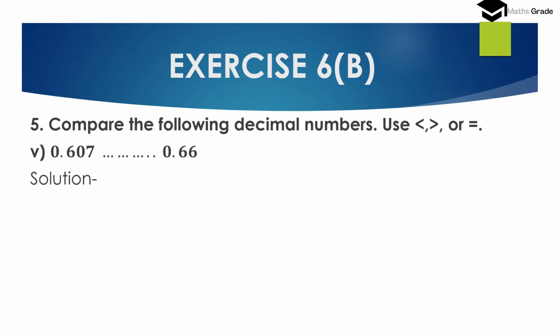Now the fifth part, 0.607 and 0.66. We have to compare these two given decimal numbers. Here 0 point, here also 0 point. After the decimal point it is 6, here also 6, equal. Then in the hundredths place it is 0, here in the hundredths place it is 6.